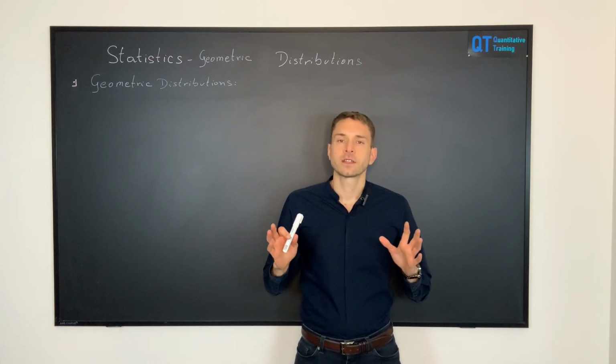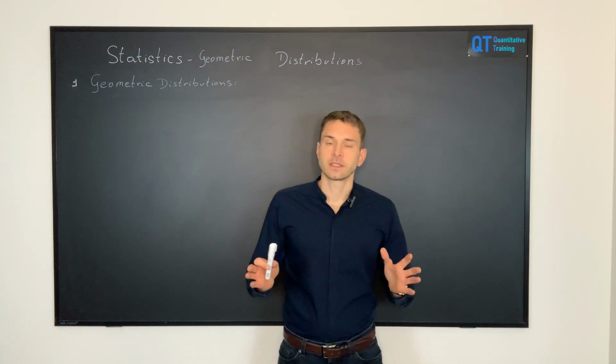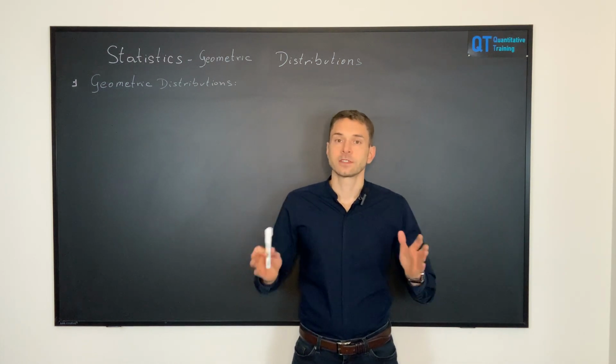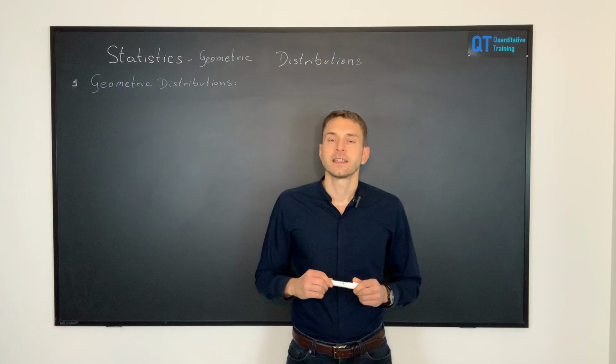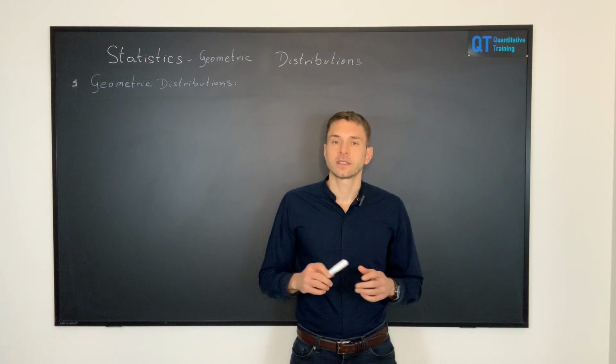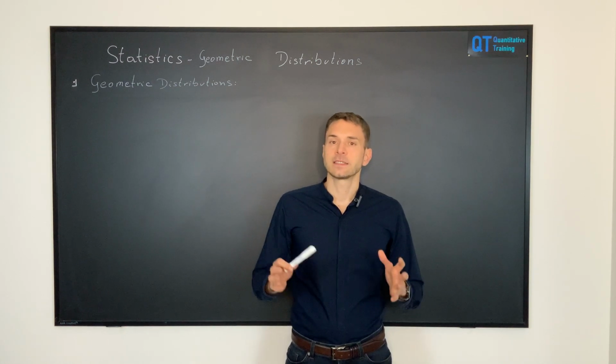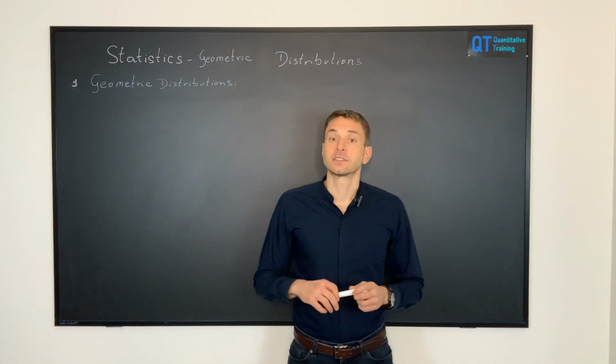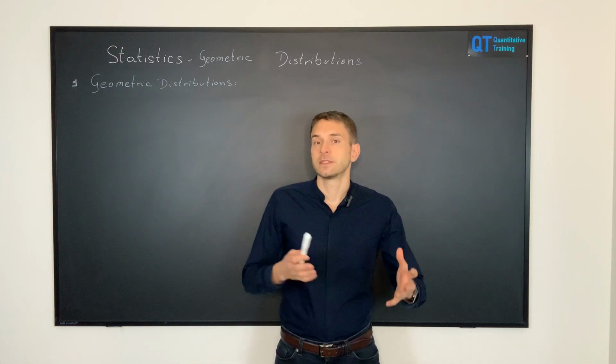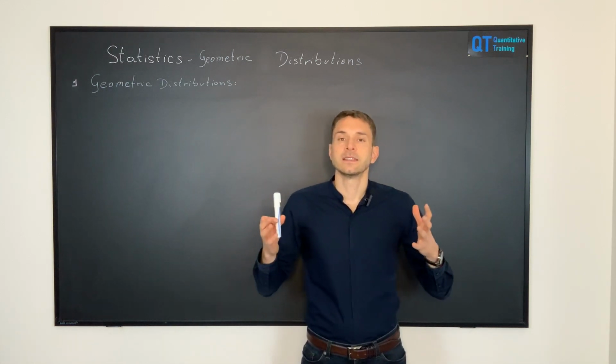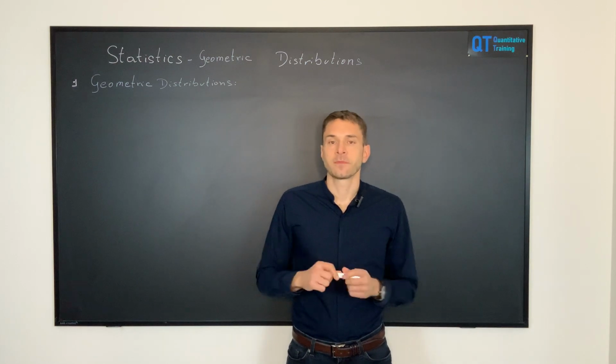And today we are going to discuss the geometric distribution, which is again a very special distribution in the sense that it describes k successive independent trials until a certain result is obtained with probability p, which is usually called the success result.